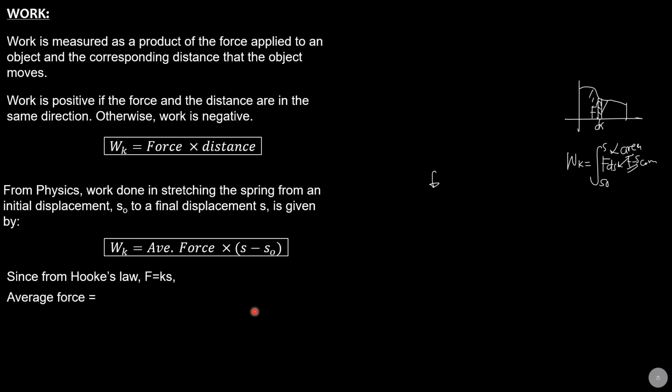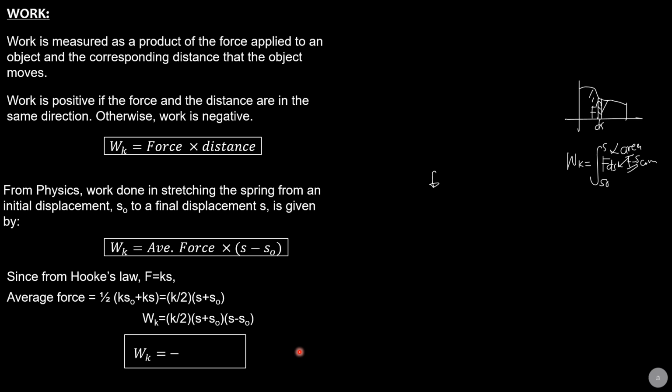So if we factor out K over 2, then it is equal to K over 2 times quantity S plus S sub O. Then the change in displacement, which is S minus SO, multiply. So work therefore is K over 2 times quantity S plus SO times S minus SO, which is, when expanded, K over 2 quantity S squared minus SO squared.